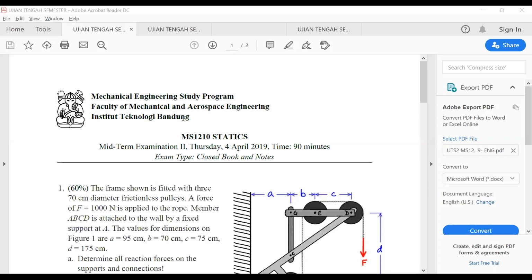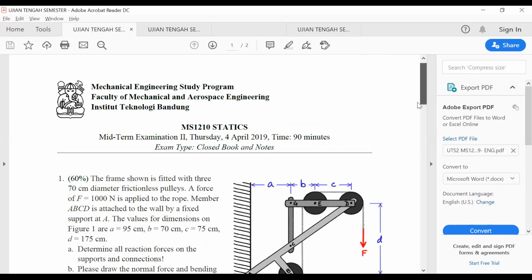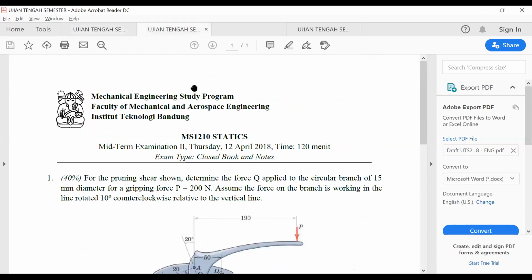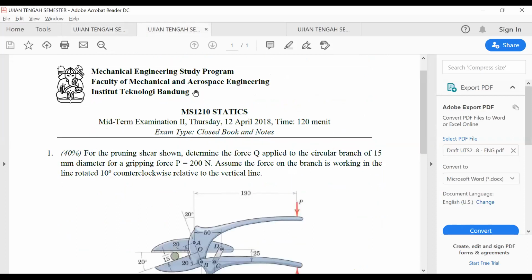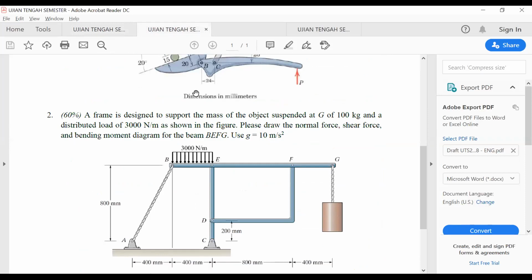Sir, can you see it? Can you discuss the one from the midterm examination 2018, number 2, sir? This one, right? Yes. What's wrong with this one? The external force, sir.